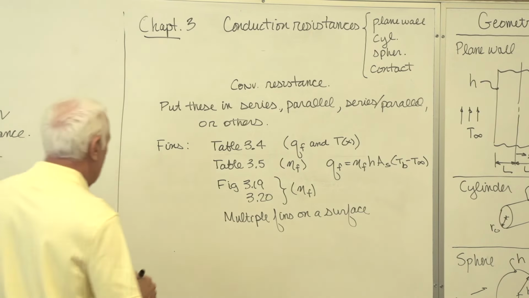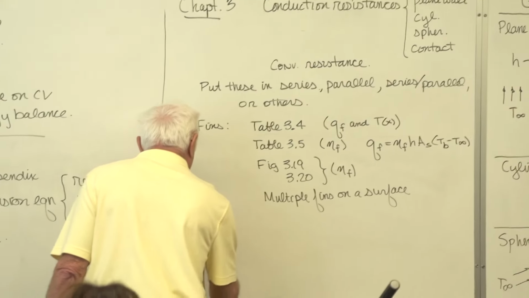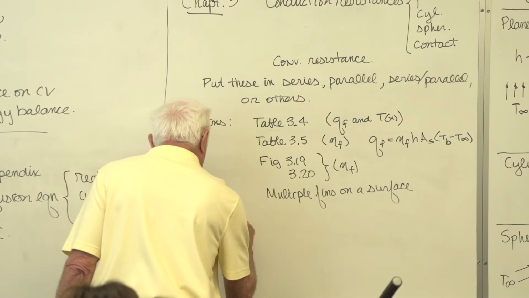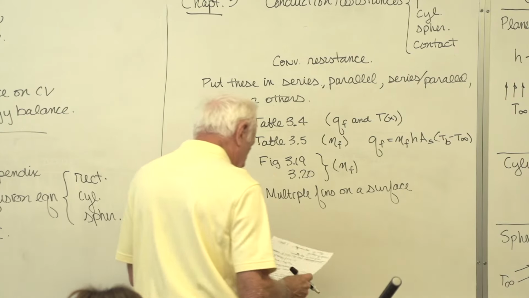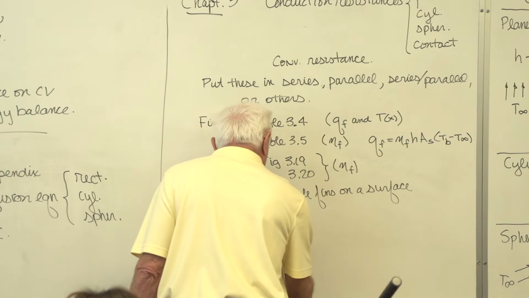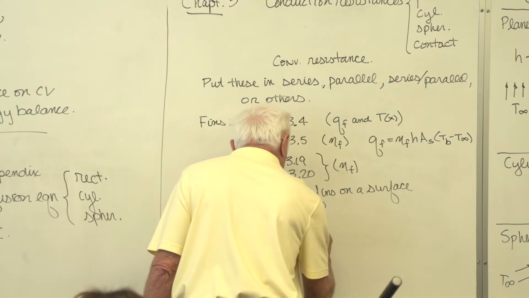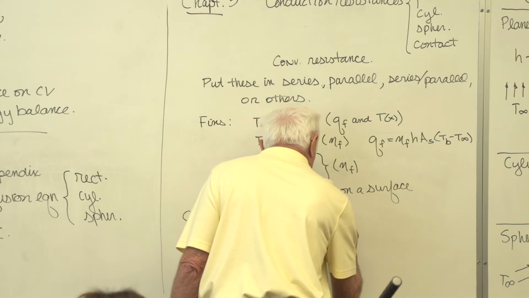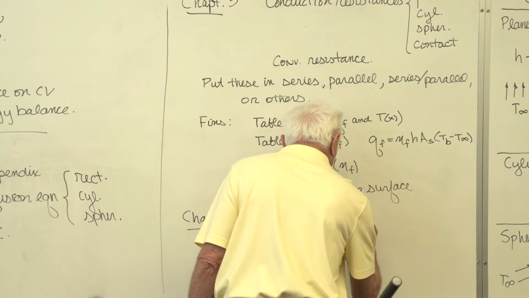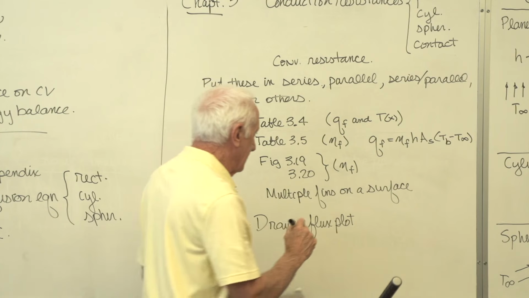Now we have chapter 4 then. Chapter 4, draw a flux plot. Show the adiabats and the isotherms.